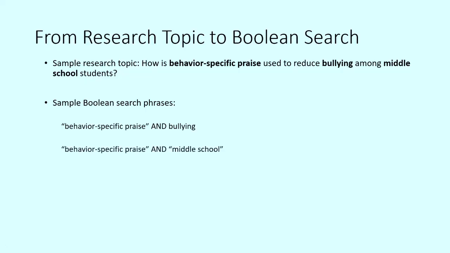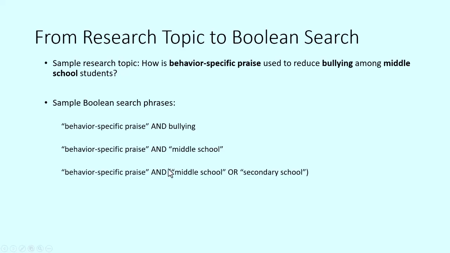Another way we could do it, we could also use the term middle school. We could do behavior specific praise in quotation marks, and middle school in quotation marks, because it's two words. Or if we want to combine it further, we could also think of another word. There are other synonyms for middle school, or different technical terms that you could use to get articles about that topic.